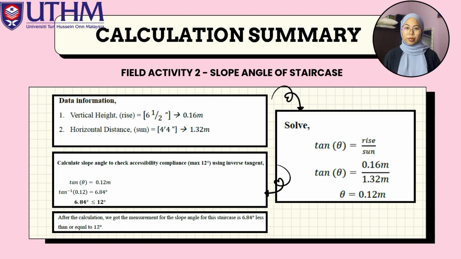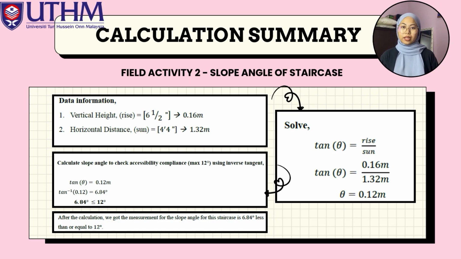Next, I will explain the calculation summary. Using the rise of 0.16 meter and the run of 1.32 meter, we apply the formula tan theta equal rise over run. This gives us a value of 0.12.